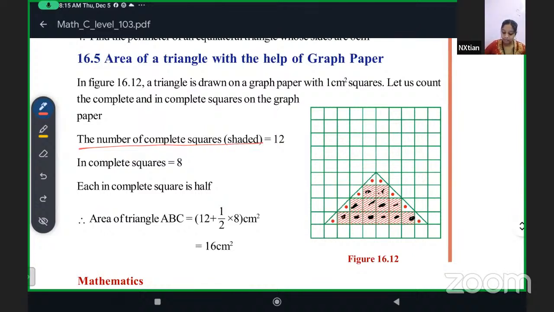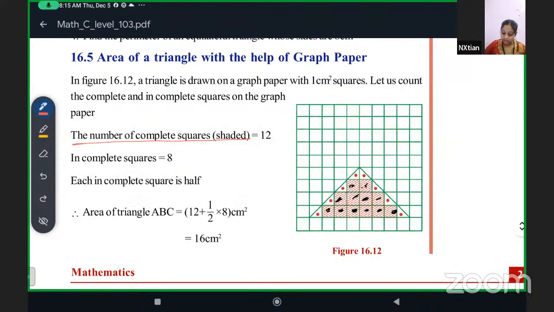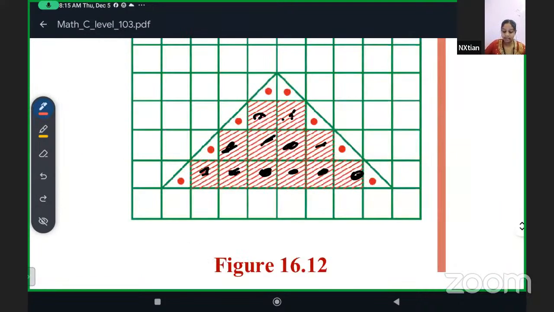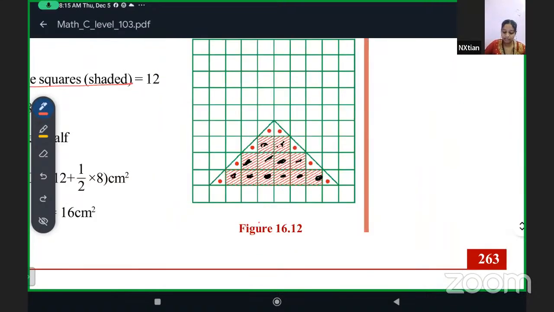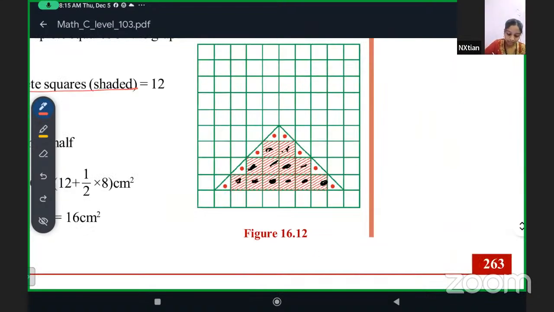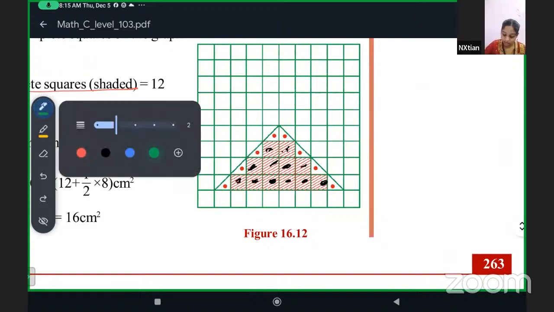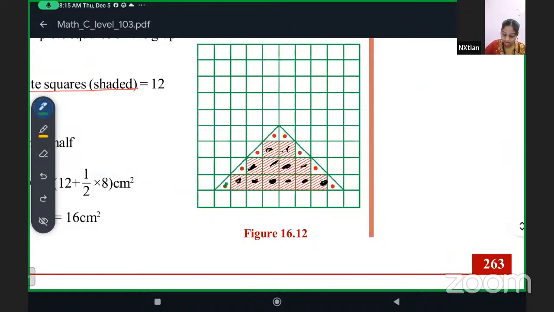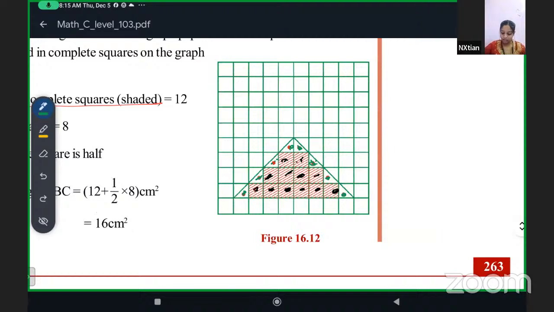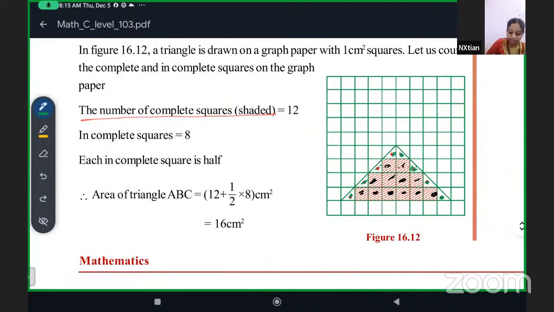Then we see how many incomplete squares there are. We have 1, 2, 3, 4, 5, 6, 7, and 8. Okay, 8 squares which are half shaded. So we can write incomplete squares are 8.